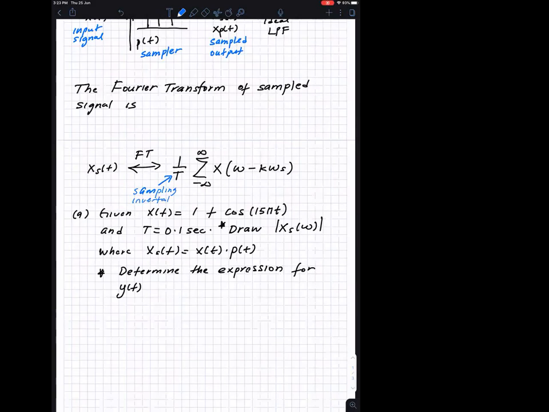Sampling interval, sampling frequency. So the input signal, let me take it out here.